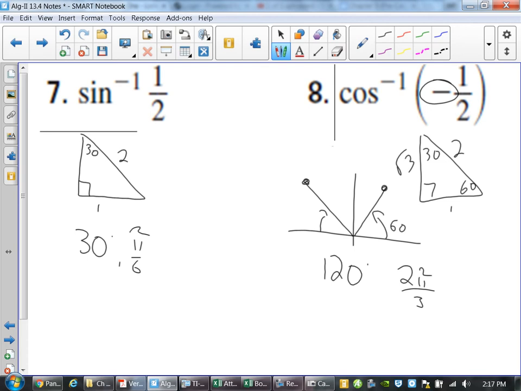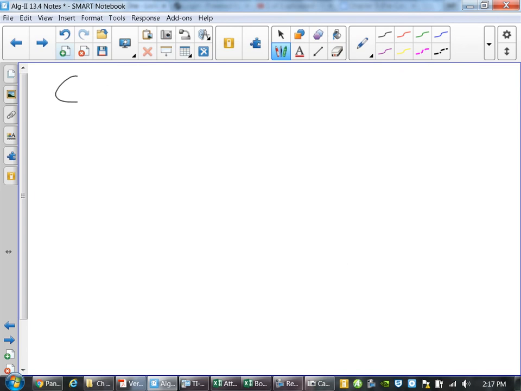I'm still a little confused how you know which quadrant it's in. You're using your reference angle, and if it's negative, you just have to remember that cosine goes negative in the second. Whereas when we had the negative sine values, since we have the rules for sine, cosine, and tangent, you're looking between the two quadrants there.